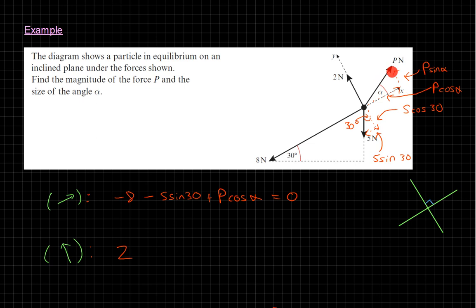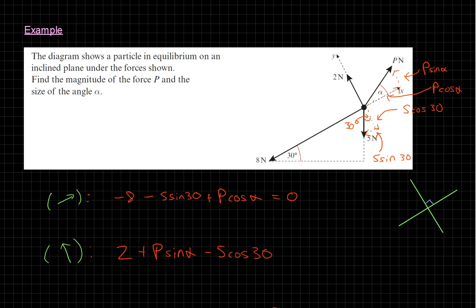It's this one here. It's P times sine alpha. So that's P sine alpha, and it's going upwards. We've also got, for this 5 Newton force, that component there. That's 5 cos 30, but it's going downwards, so that's -5 cos 30.